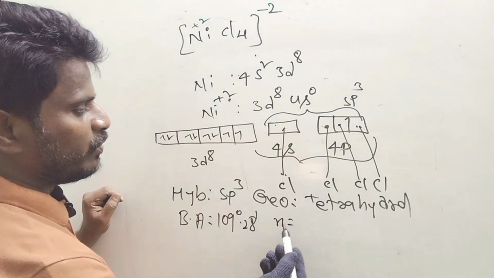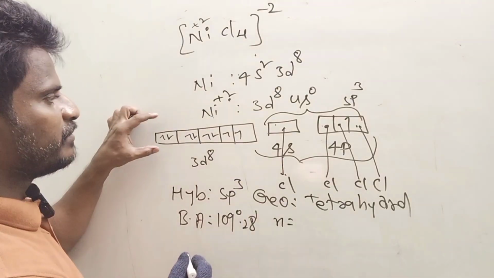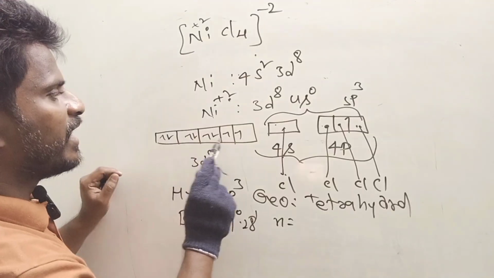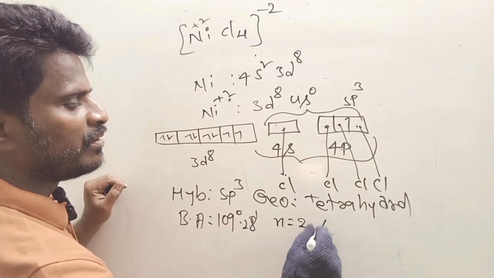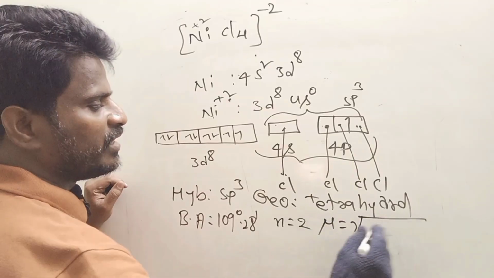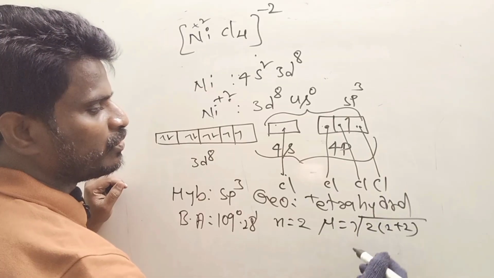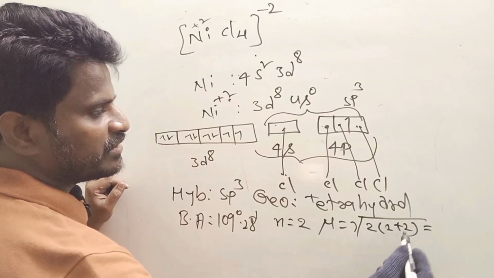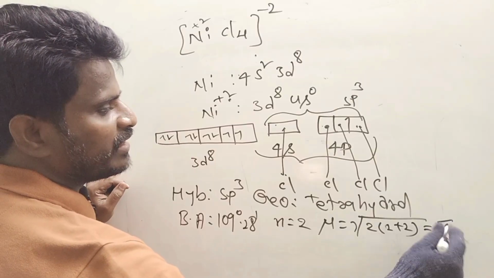Here n is equal to the number of unpaired electrons. After formation of this complex, nickel has 2 unpaired electrons, then n is equal to 2. Its magnetic moment is equal to square root of 2 into 2 plus 2, then its value is square root of 8.